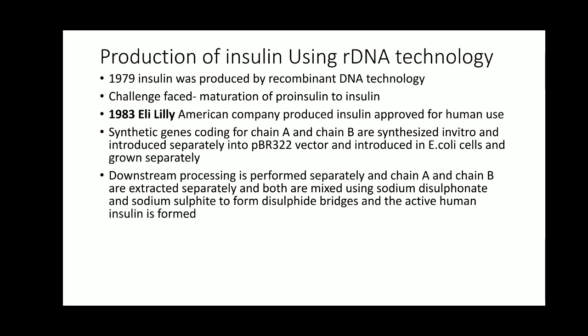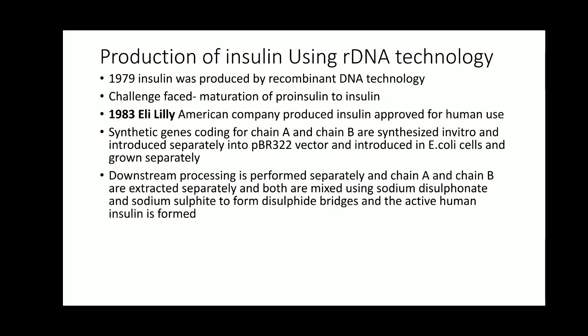Right? Now chain A and chain B are in a purified form, but in our insulin structure, chain A and chain B are linked with disulfide bridges, or they contain disulfide bonds.